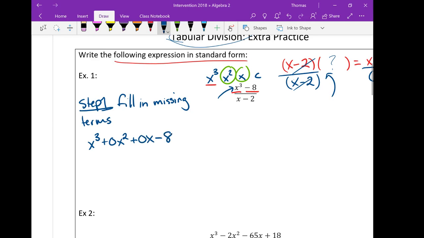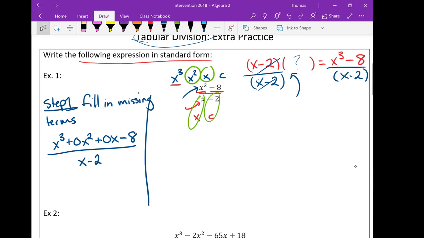So I'm just rewriting this division problem with the blanks filled in. On the bottom, our highest power is x. Normally after x, we expect a constant, and we actually have both of those parts here. We have an x term and a constant term, so we don't need to fill anything in on the bottom: x minus 2. So that's step 1. Rewrite our expression to have any missing terms filled in on the top and bottom.